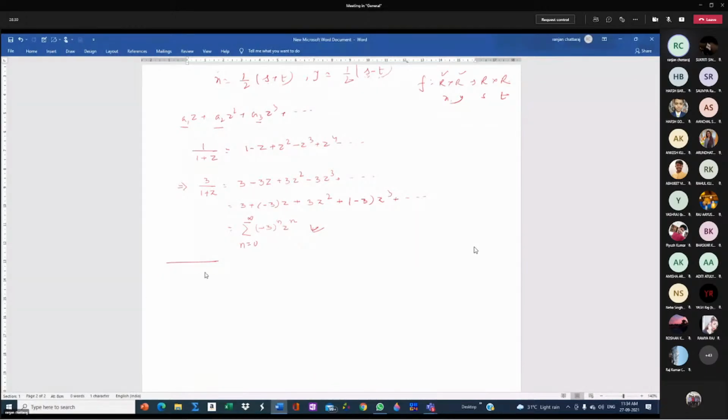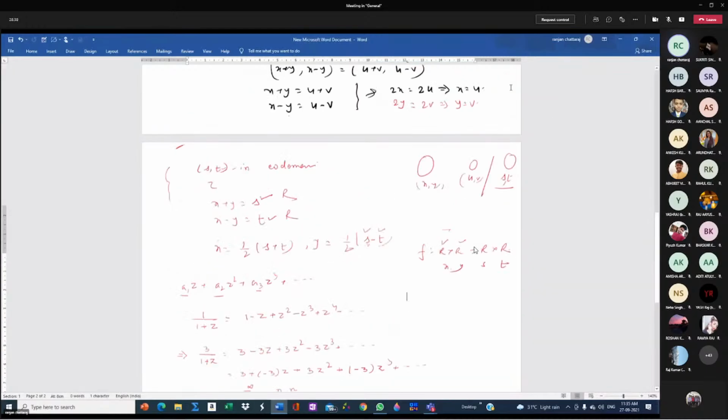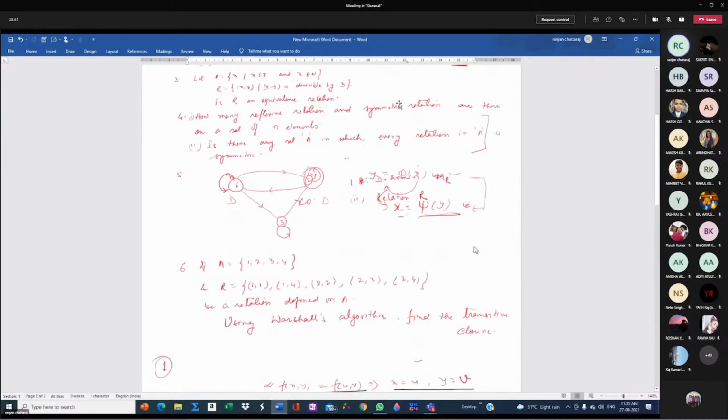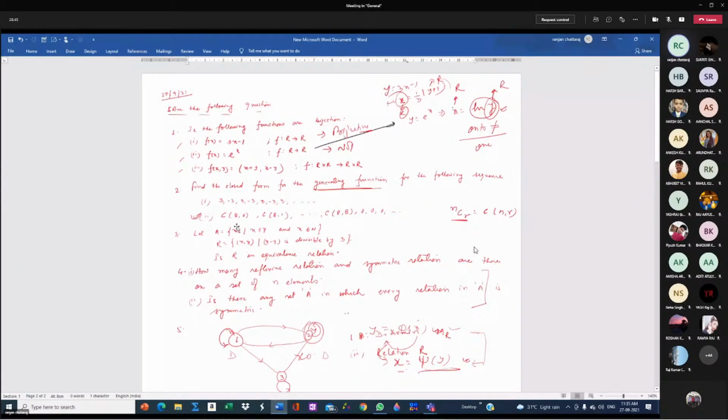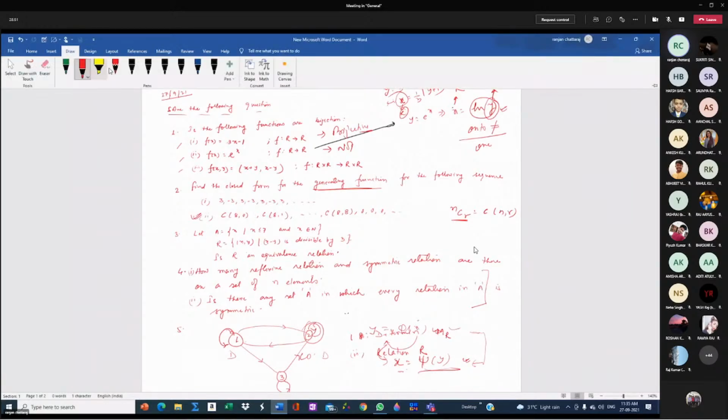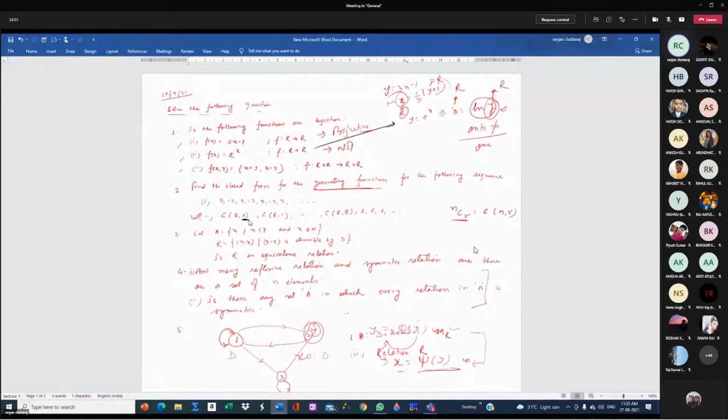So you can write it as 1 plus z to the power 8. Sorry, 9 entries. How many is it? 0, 1, 2 up to 8. You see here we are starting from 0, 1 up to 8, and the rest are 0. That means we have 9 components, 9 entries.